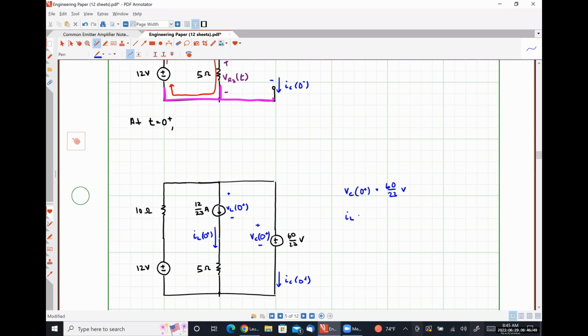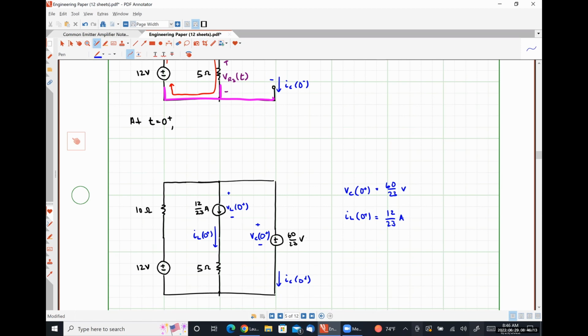Similarly, since the current flowing through an inductor cannot change abruptly, IL at 0 plus has to be the same as IL at 0 minus, which is going to be 12/23 amps. And now I just need to solve for VL and IC.